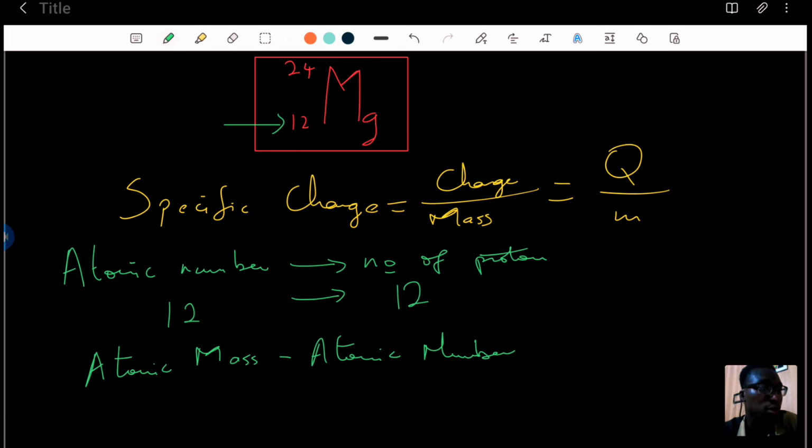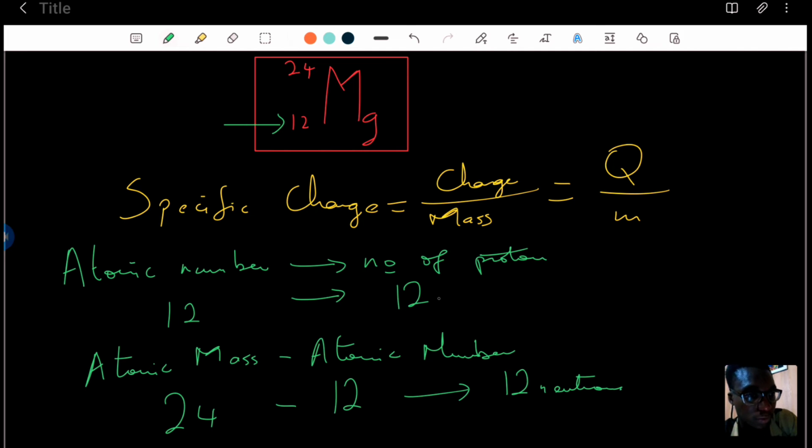There are so many ways by which you can get the number of neutrons, but we're sticking to this here since we will have whole numbers. Atomic mass is 24, atomic number is 12, so you have 12 neutrons as well: 12 protons and 12 neutrons.